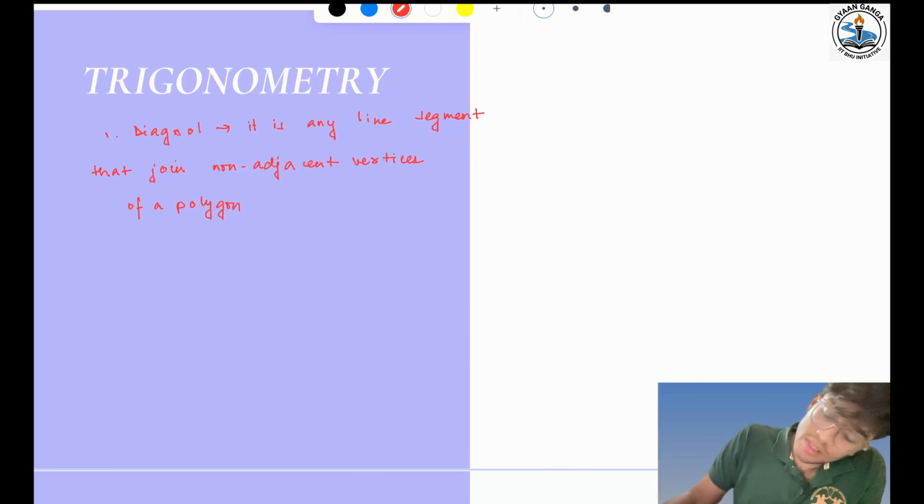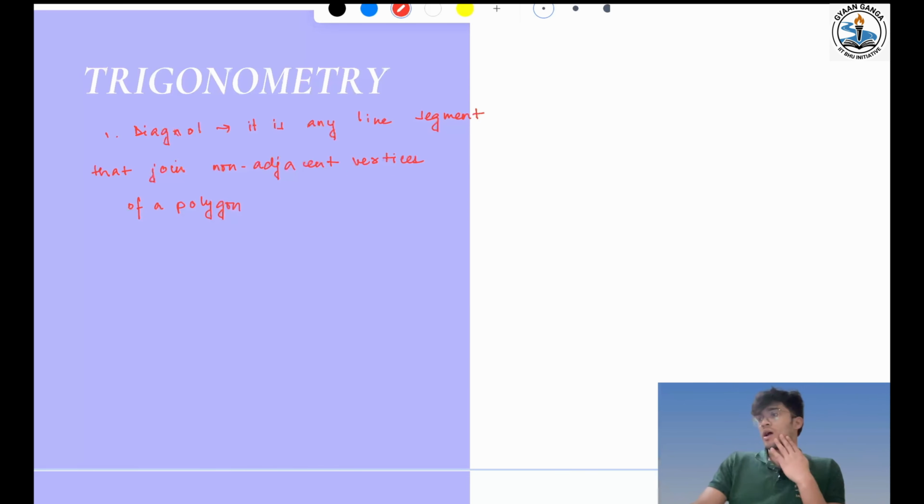Anyhow, this is the definition, and I hope that maybe you went on the internet or used some LLM, ChatGPT maybe, to find what a diagonal is.